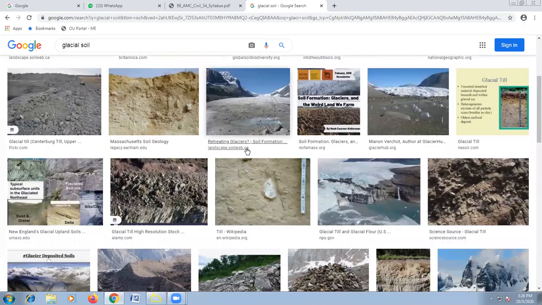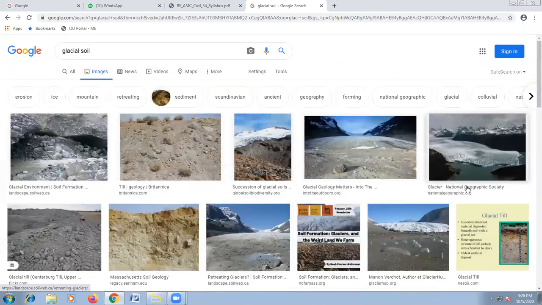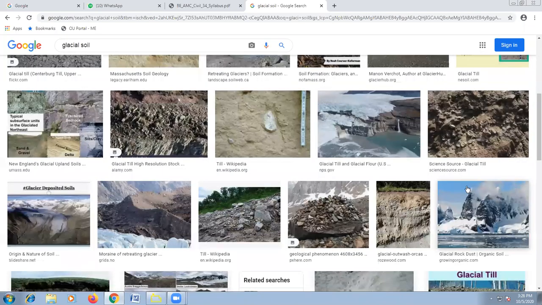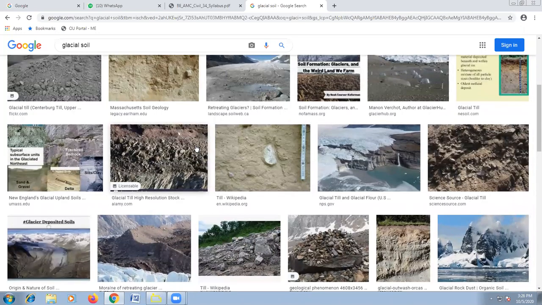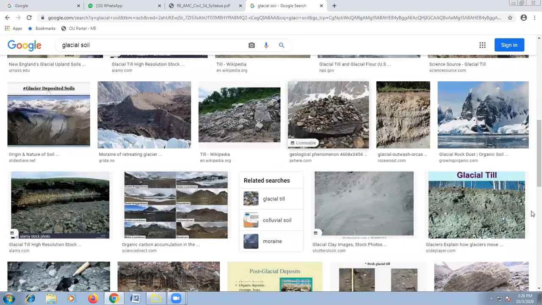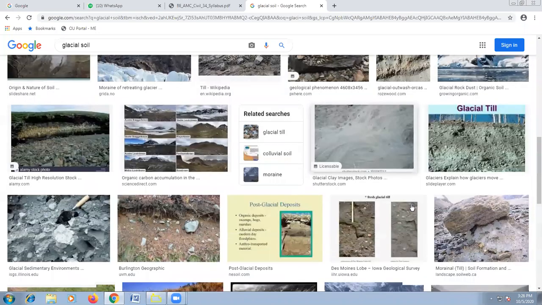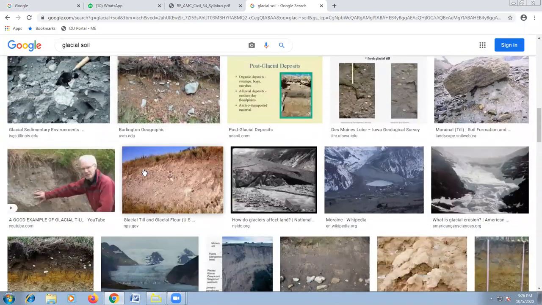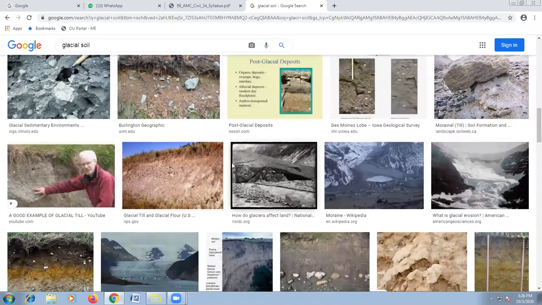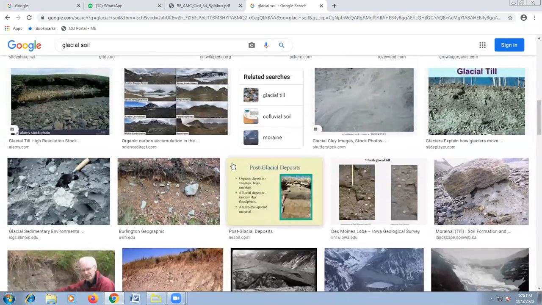Some of these glacial soils can be found in areas along North America, Europe and Asia. Generally the northern parts of the world, North Russia. You find mostly snowfall over there. Because of the snowfall and the presence of glaciers, you can find these glacial soils.